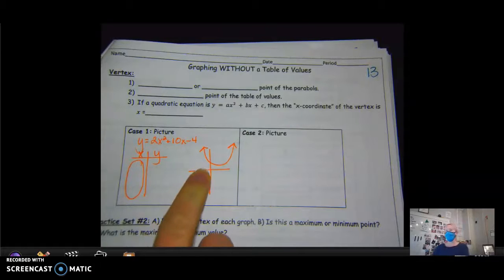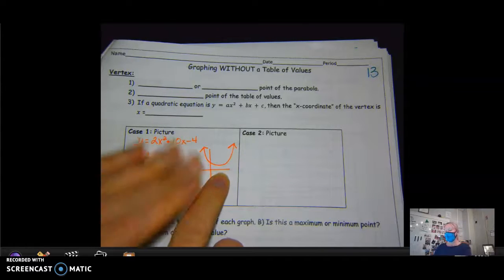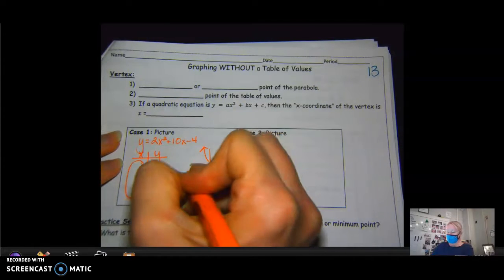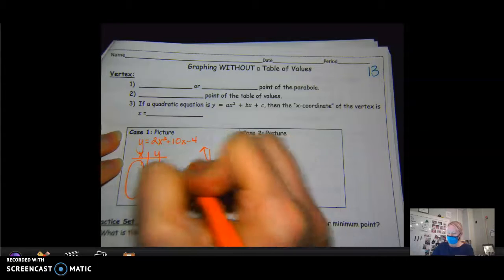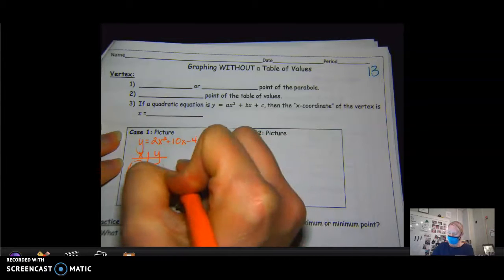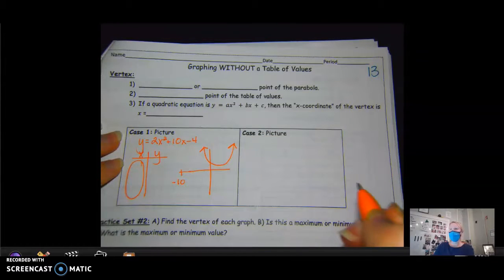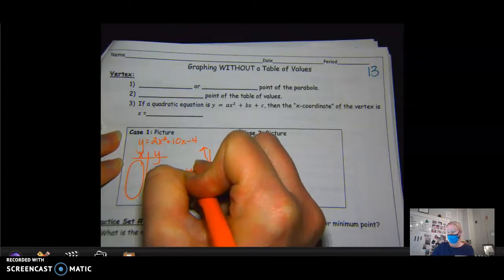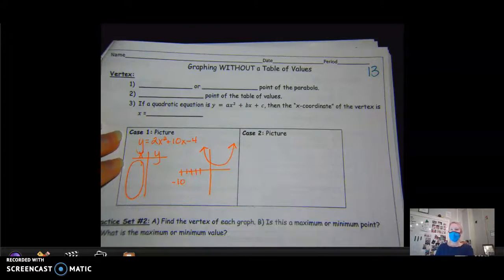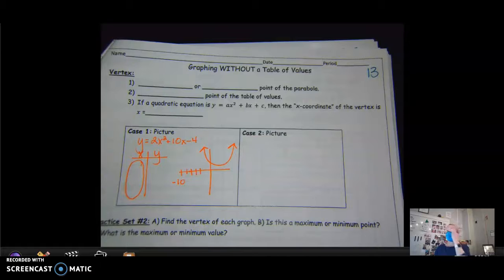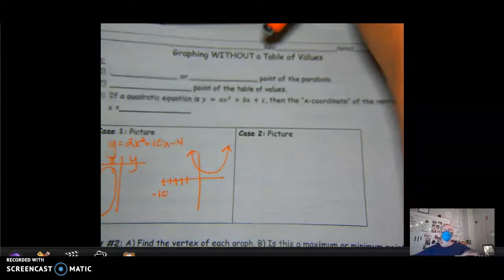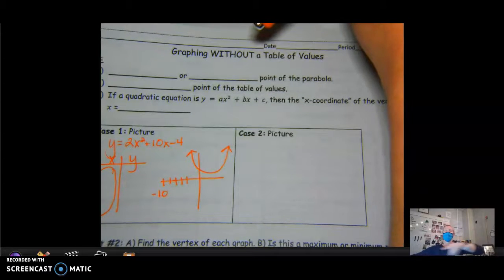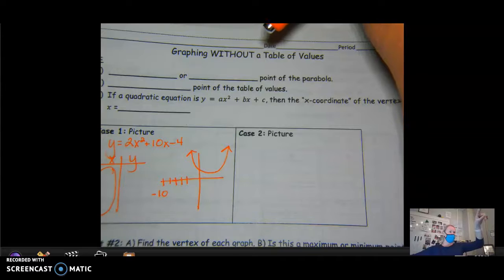But if it was, let's say you put in negative 10 for x. And then you did negative 9, and then you did negative 8, and you did negative 7, negative 6. Would you ever find that vertex point on those and see where it's going to go back up and the axis of symmetry?